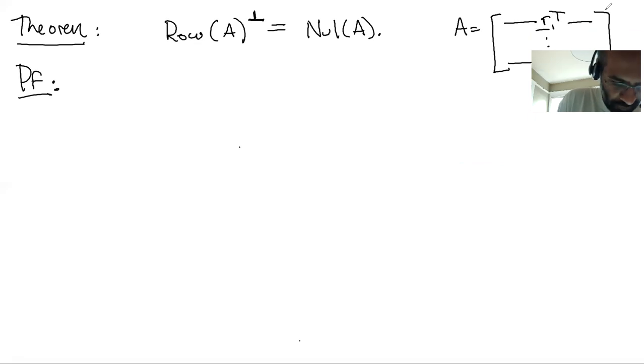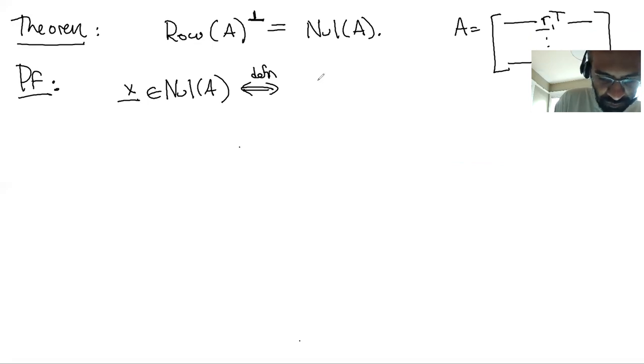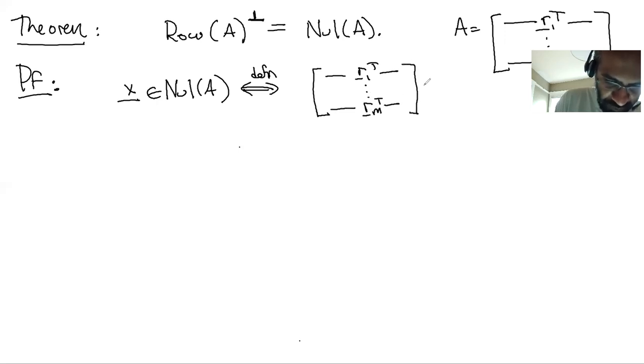Now, what does it mean for a vector to be in the null space? Well, the definition is just that AX is 0. So we write R1 transpose all the way up to Rm transpose times X is 0.